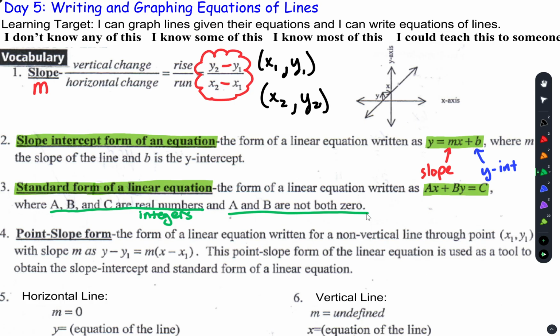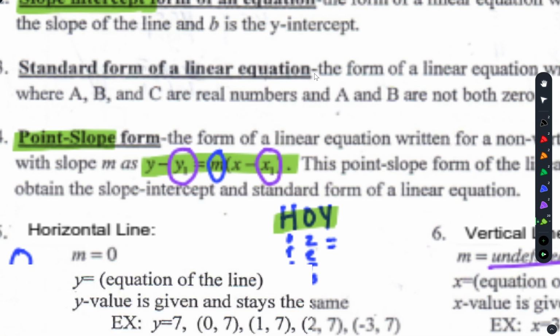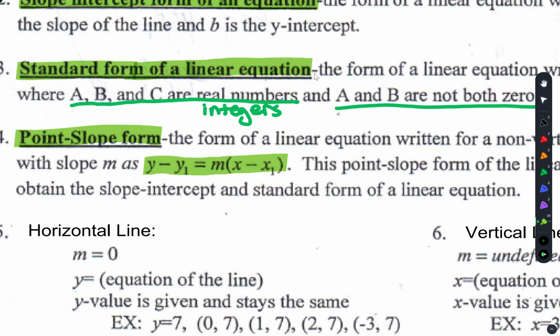The last form is one that we use quite often. It is point-slope form. Again, it tells us in the name exactly what it consists of. It consists of a point and a slope. It takes the form y minus y1 equals m times x minus x1. There are 2 things that we plug into point-slope form, of course.